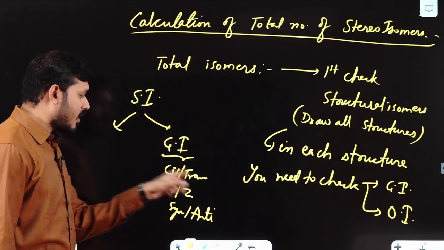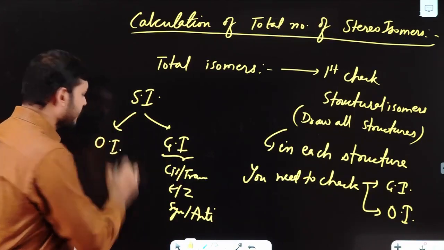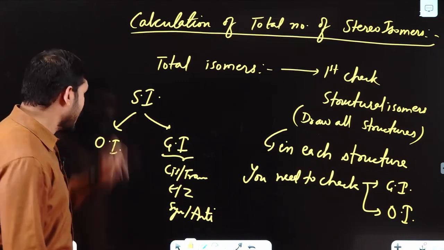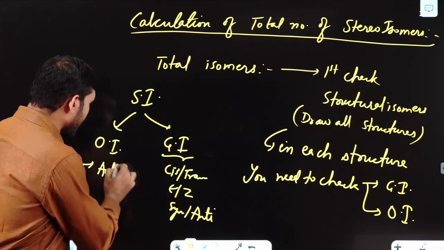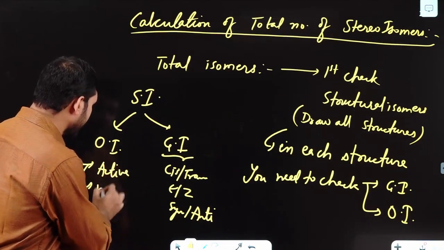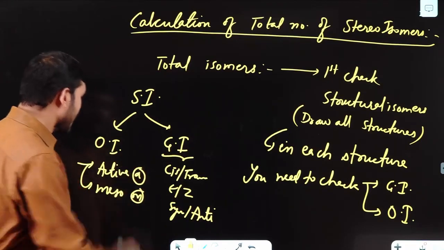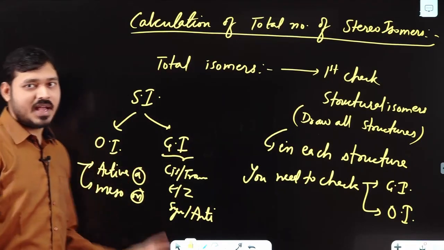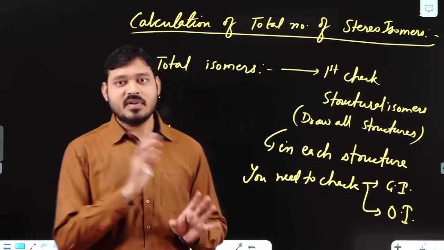Now from these you need to check the optical isomer part as well. Here we also need to check the active part and the meso part. Active part is represented by A and meso part is represented by M. So this is the total calculation we will be doing here.